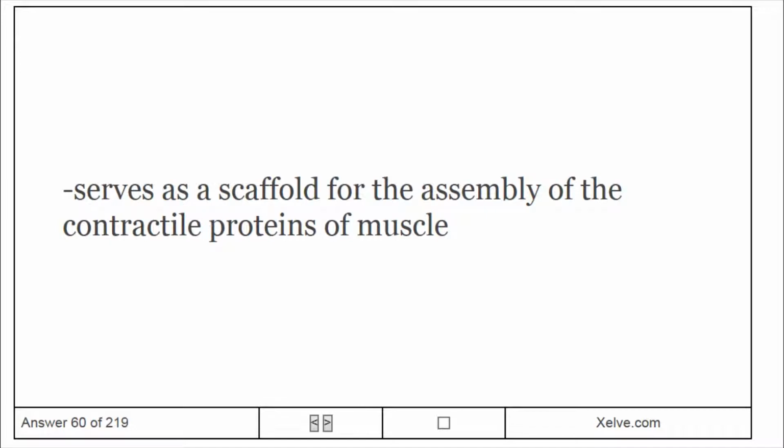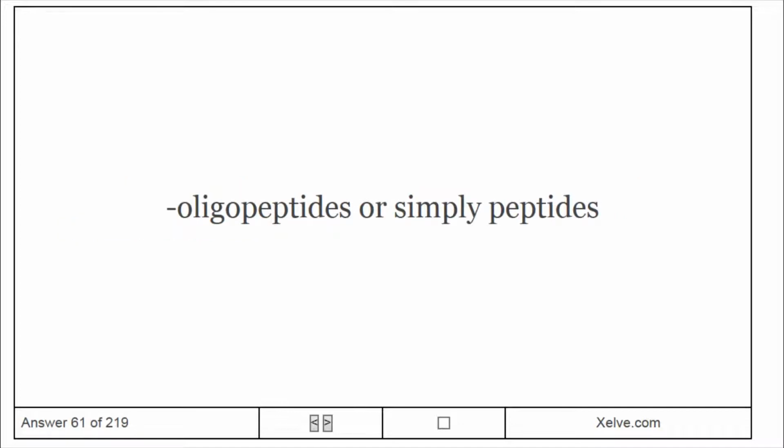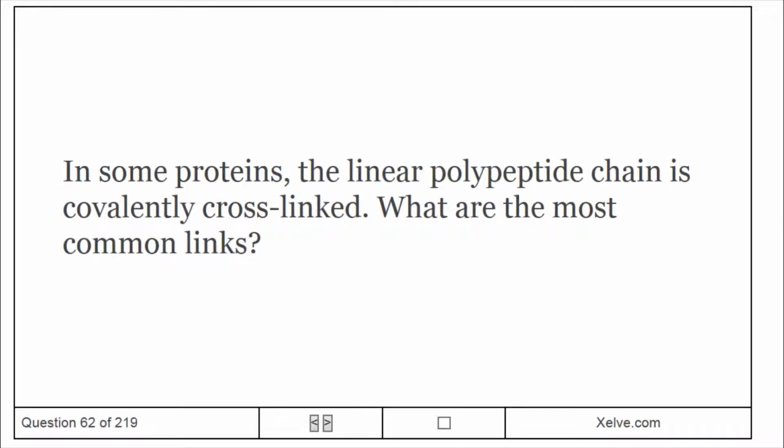Serves as a scaffold for the assembly of the contractile proteins of muscle. What are peptides made of? Small numbers of amino acids, known as oligopeptides, are simply peptides.